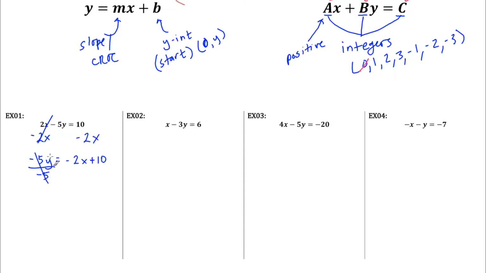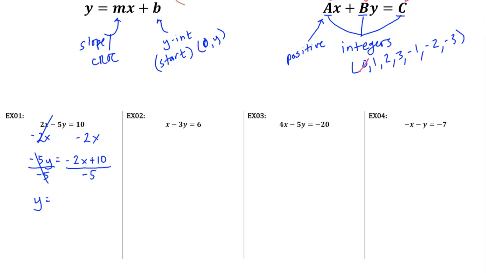Now remember, this is like a scale. This left side is equal to this right side. If you divide the left side by negative 5, we will divide the whole entire right side by negative 5. So y equals, we have to divide everything on the right side: this negative 2x and this positive 10.